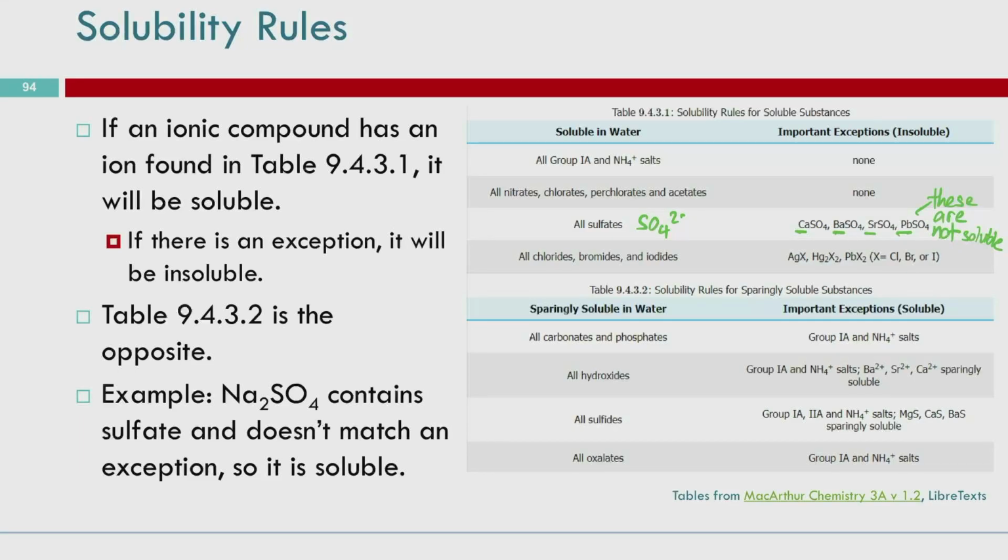And then we also have the sparingly soluble, which we can think of as the not soluble table, which is usually below. It's the same on our green sheet. So carbonates and phosphates are not soluble. They're not soluble unless they're paired with things like sodium, potassium, ammonium.